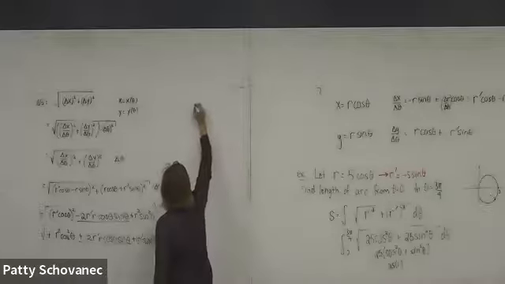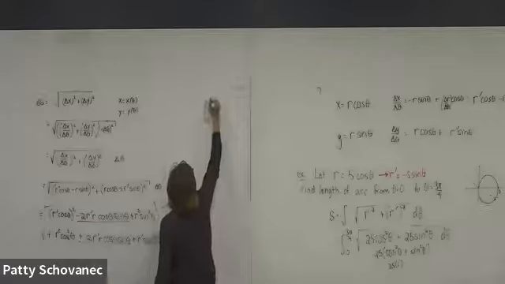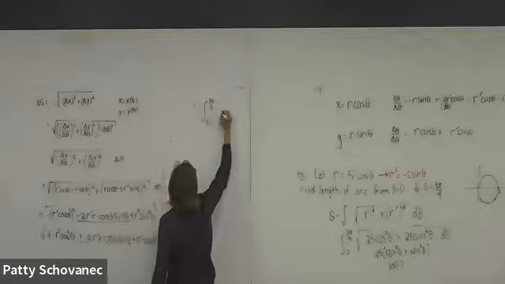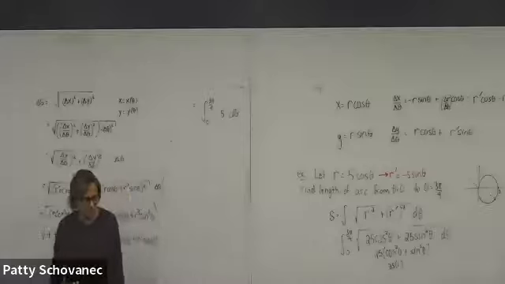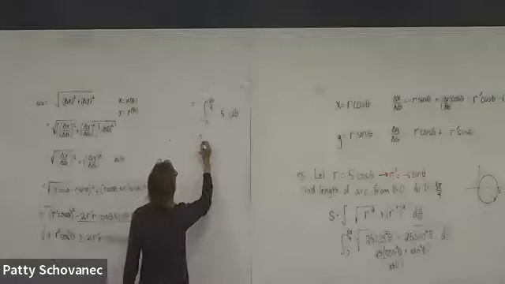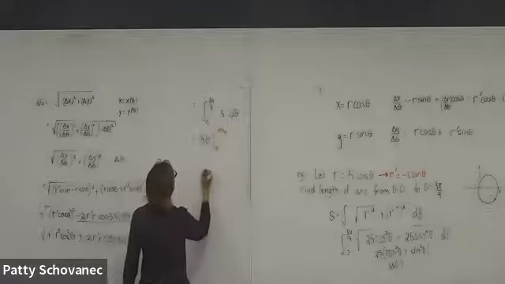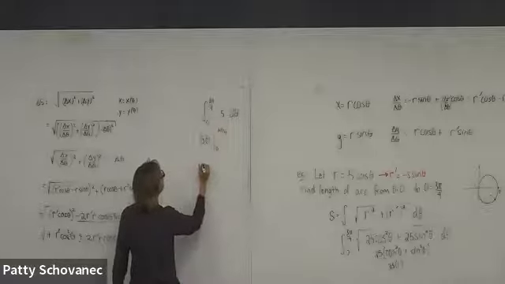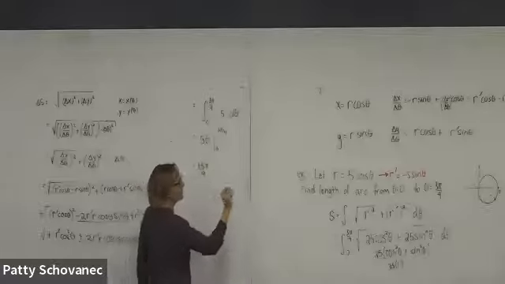So we're left with integrating from 0 to 3 pi over 4 of 5, so we get 5 theta, evaluated from 0 to 3 pi over 4. And so I'm getting 15 pi over 4 minus 0.